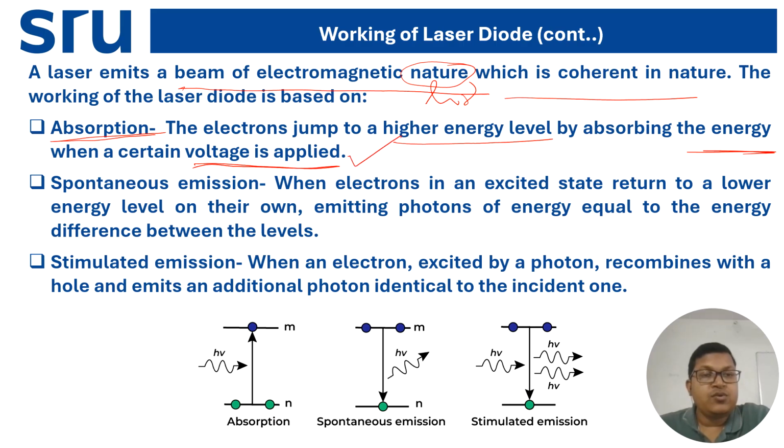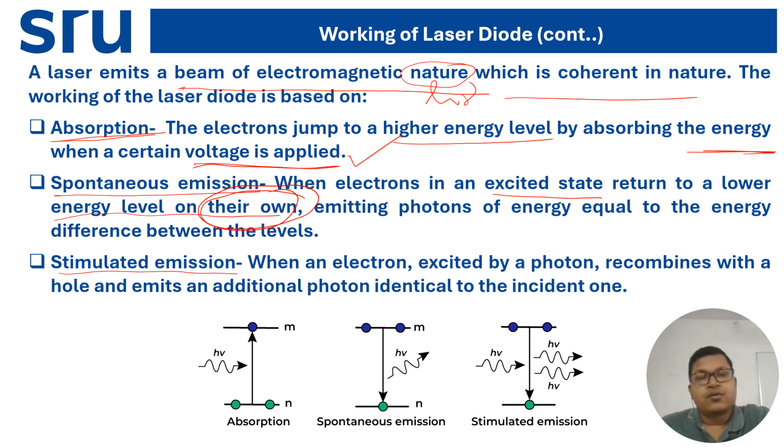Then what happens? We'll see spontaneous emission and stimulated emission, and we'll categorize the emissions into these two. When electrons in an excited state return to a lower energy level on their own, that is the main factor.